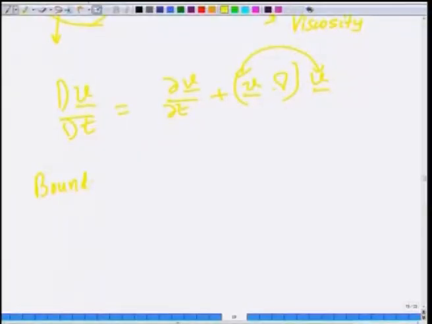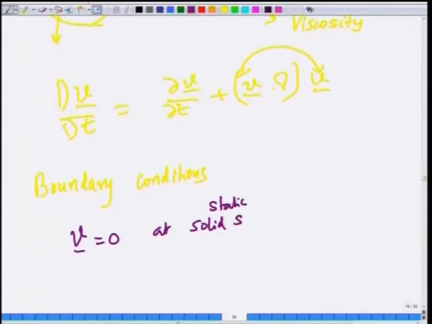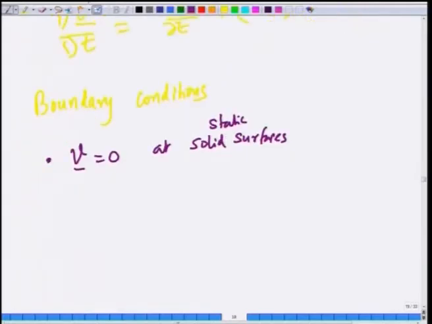But before solving the Navier-Stokes equations, we need boundary conditions, which are that the velocity is 0 at stationary solid surfaces, or if the solid is moving, the velocity of the fluid will take the velocity of the solid. That is called the no slip condition, and that is one type of condition.